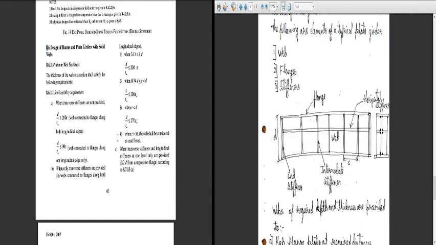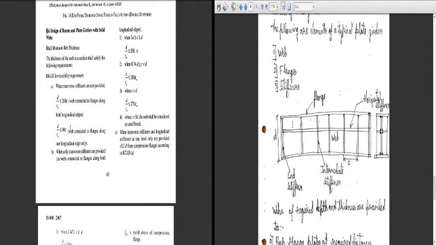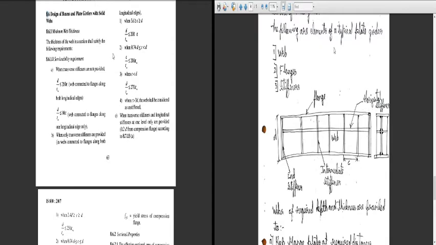For web connected to flange along both longitudinal edges, d divided by tw less than or equal to 90. Web connected to the flanges along one longitudinal edge. Second, when transverse stiffeners are only provided, here we have when 3d greater than c greater than d, and this is the condition, that is d by tw less than or equal to 200 epsilon.